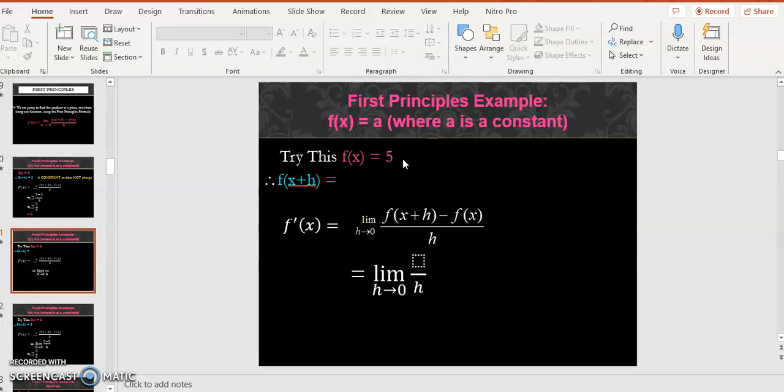I hope you are winning. You first find f of x plus h. You use the formula. It will be given to you. That's why I've written it for you. What are you supposed to put here? A few minutes.